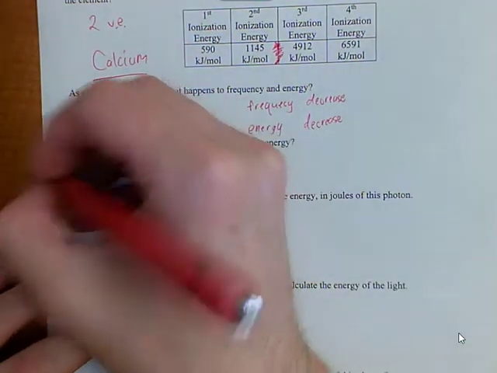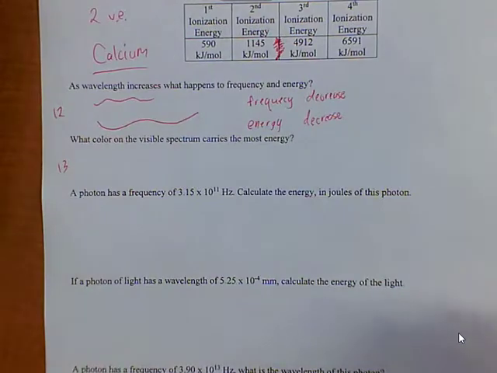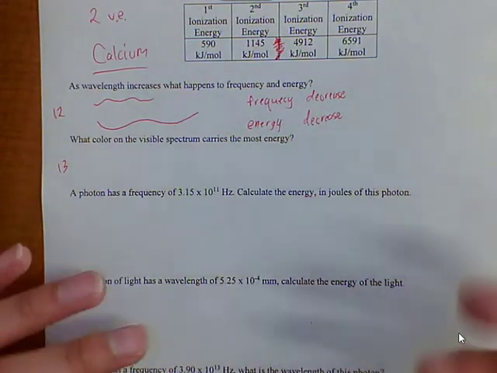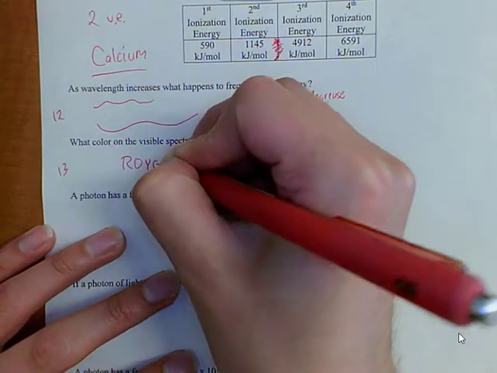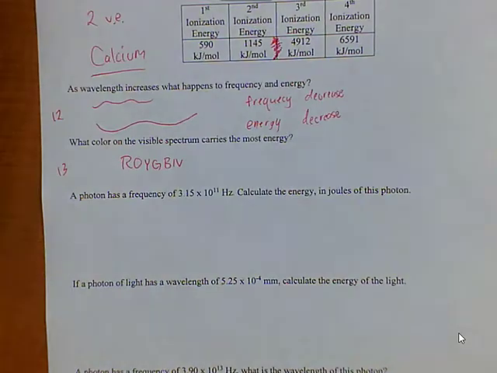All right, next. What color on the visible spectrum carries the most energy? Now, some of y'all might have missed this problem because you were just thinking that this was violet, but violet wasn't an answer choice on the table. You need to know all the colors in the order I give it to you. And the way you can remember it is R-O-Y-G-B-I-V, Roy G. Biv.